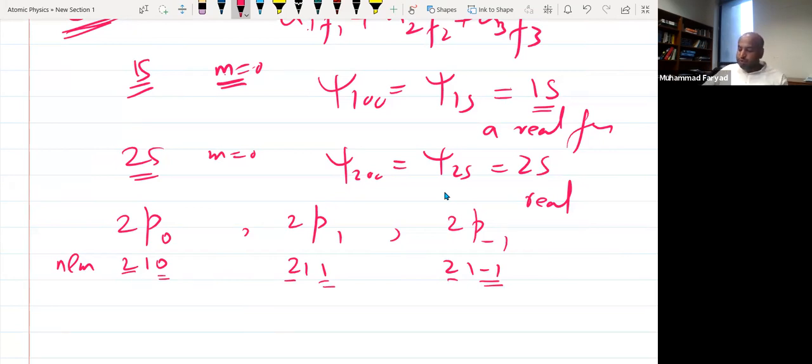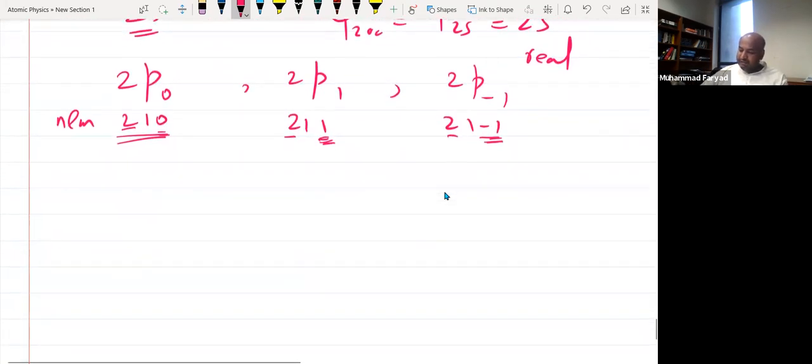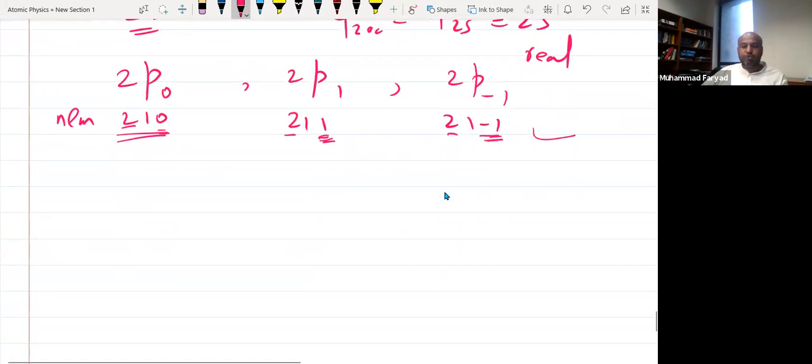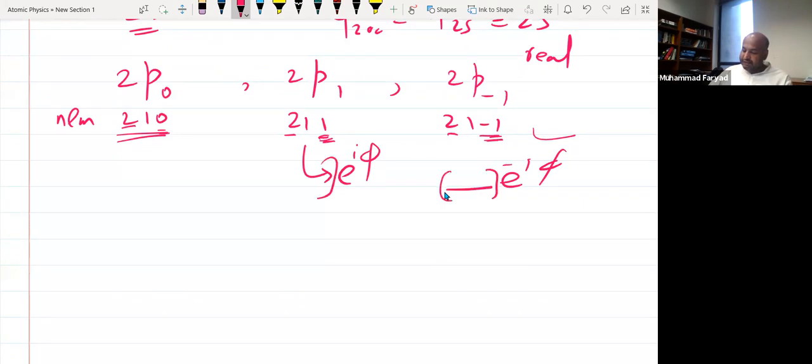So we can use wave functions described by them as well, but this is a real wave function because m is 0, but this is a complex one and this is a complex one. So let's use these complex wave functions to construct two real wave functions, and we can easily do that because this has a factor e to the i phi and this has a factor e to the minus i phi, and everything else is exactly the same in both of these functions because n is 2, l is 1.